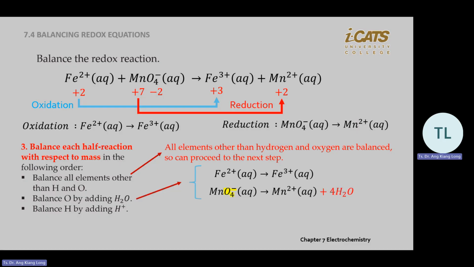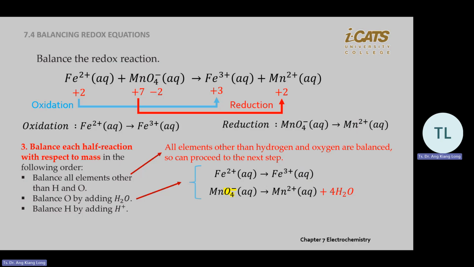Okay. So for example, once you have the reaction or half equation already, other than hydrogen and oxygen, for example, you are looking at MnO4 negative to Mn2 plus. So here you balance the Mn first, right?